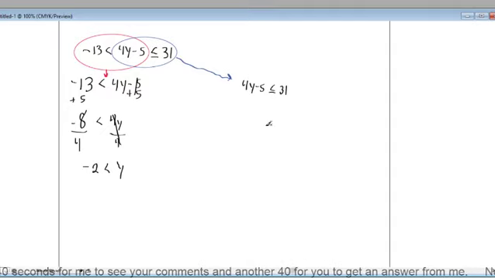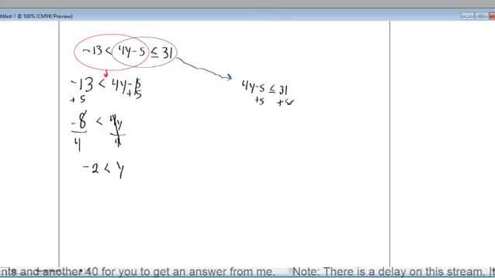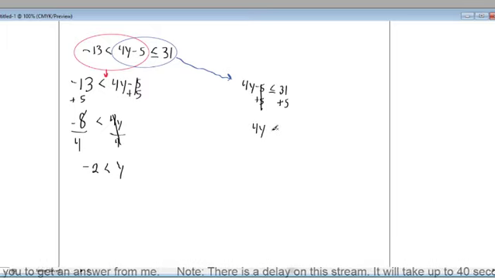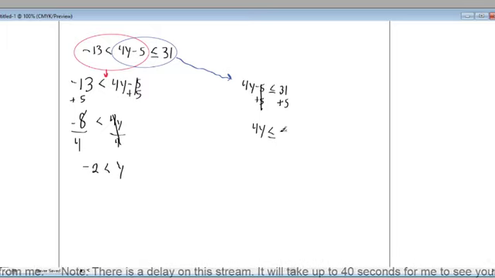Over here, we need to do the same thing, solve for y. So add 5 to both sides. That cancels, leaving us with 4y is less than or equal to 36.